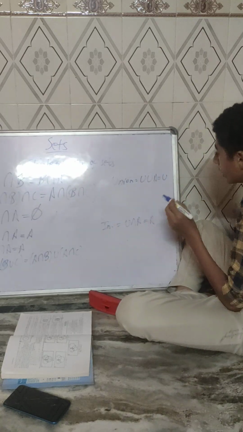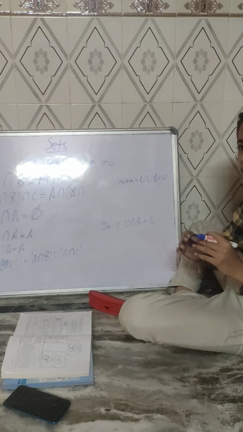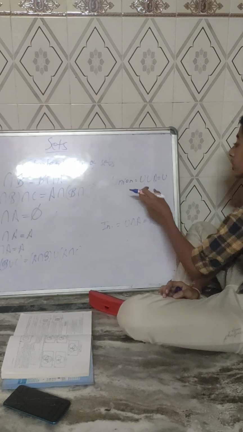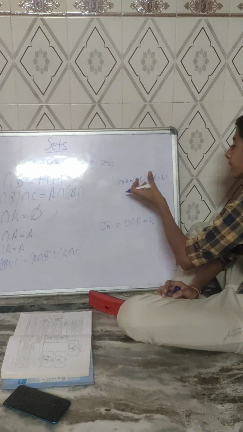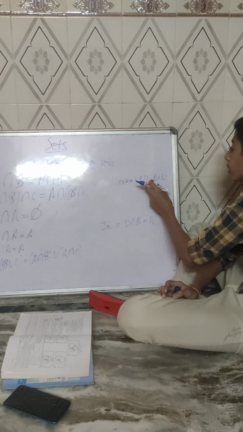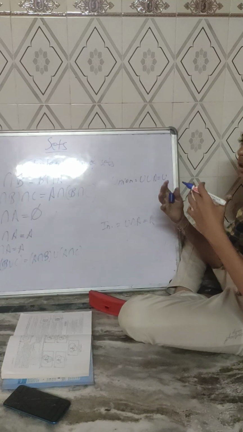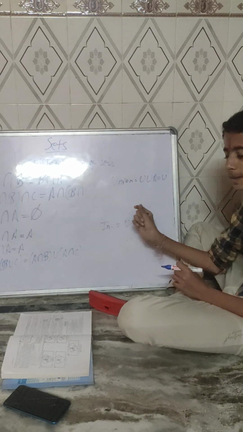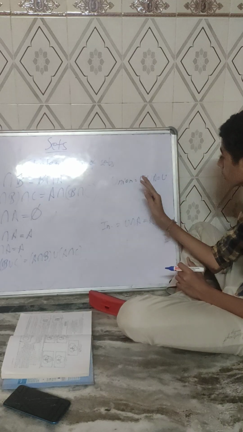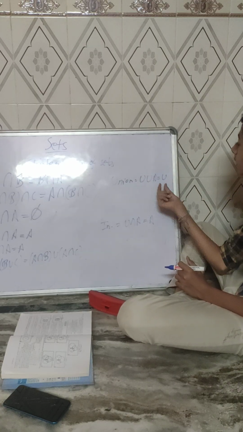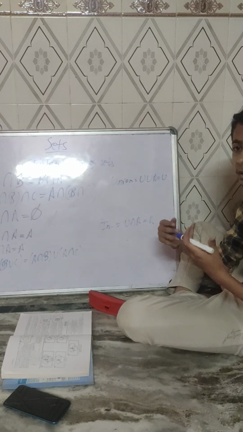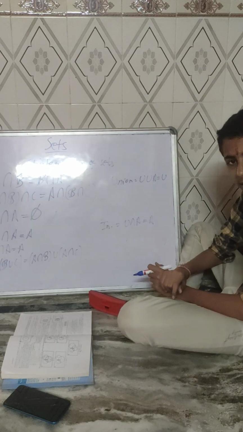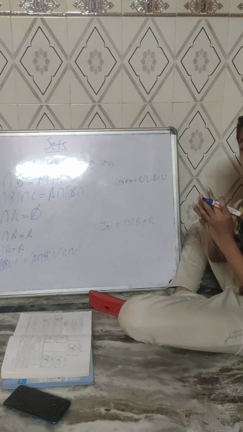In union, we add all the elements but do not repeat. So the union is a bigger set than A. It already carries all the elements that A carries, so the set that gets created will be the universal set itself, because no other set will be greater than it.